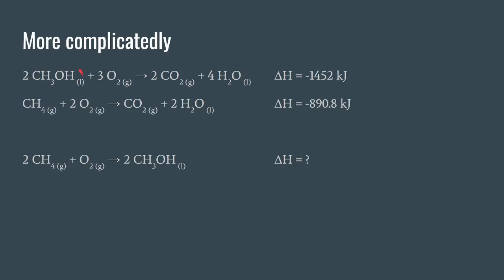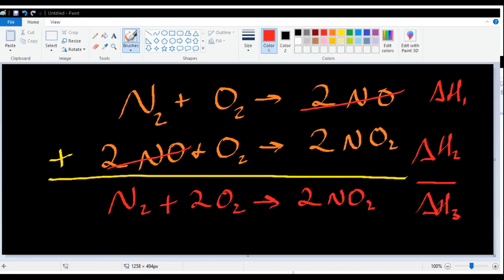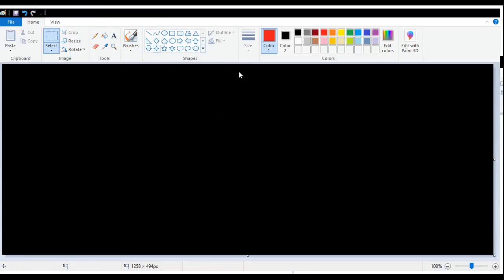Okay. So we have methanol on the reactant side. We need to get it on the product side. In order to do that, we need to flip this reaction around. And when we do that, remember, flipping the reaction means you flip the sign. So, we flip that reaction.